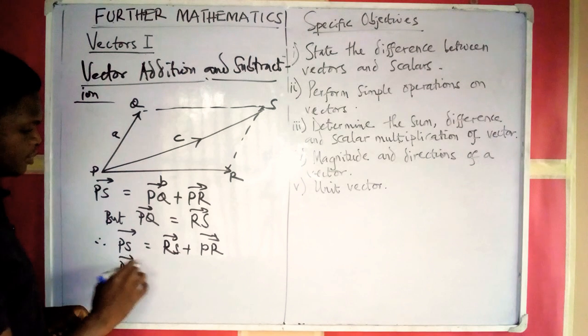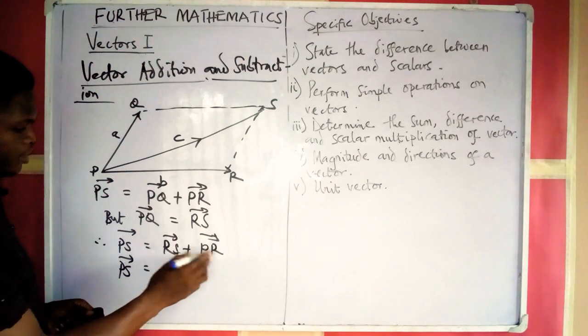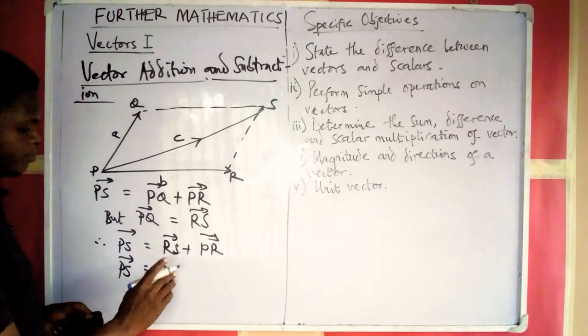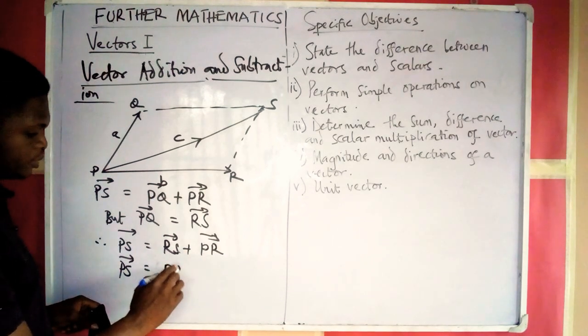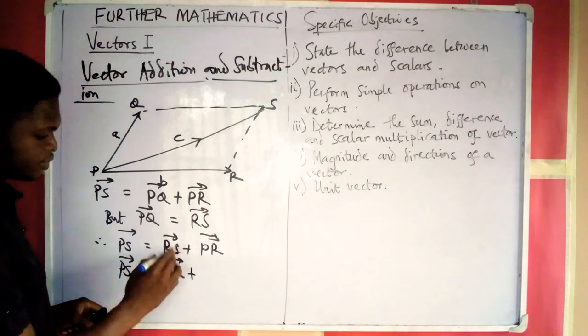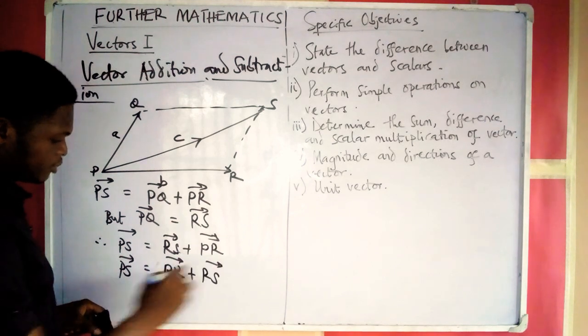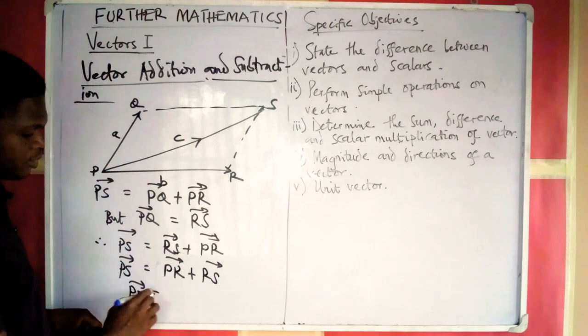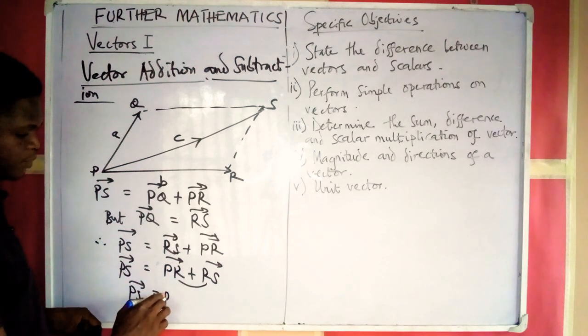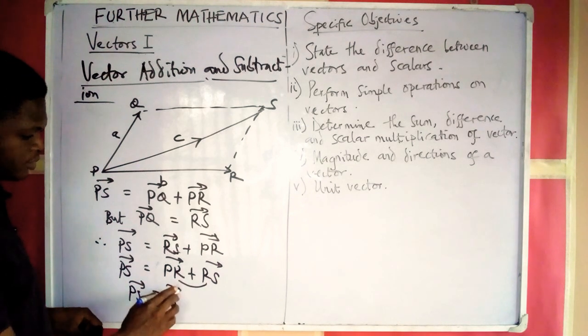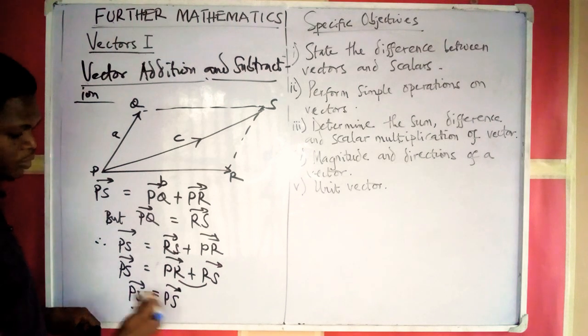So PS is equal to, I can place this one first because I'm considering order, PR plus RS. If I add these two vectors together, because these two are together here, I'm going to have this as PS. So PS is equal to PS.